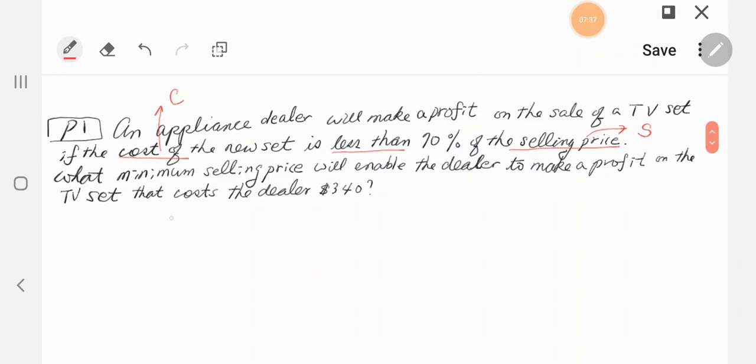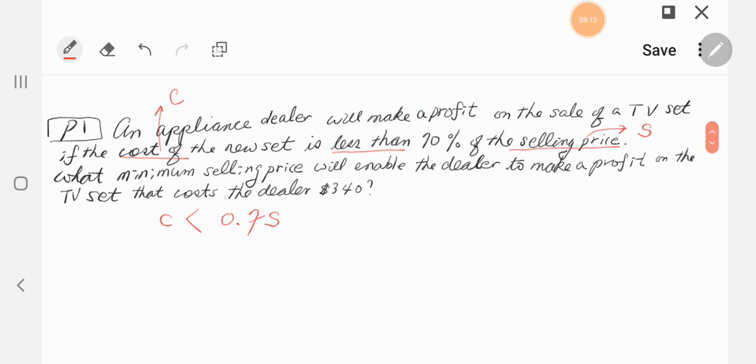Okay, so we can write it in an equation like this. The cost of a new set should be less than 70%. 70% means 0.7, right? 0.7 S, 70% of the selling price. What minimum selling price will enable the dealer to make a profit on the television set that costs the dealer $340?